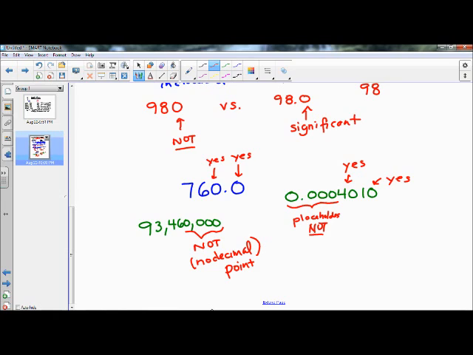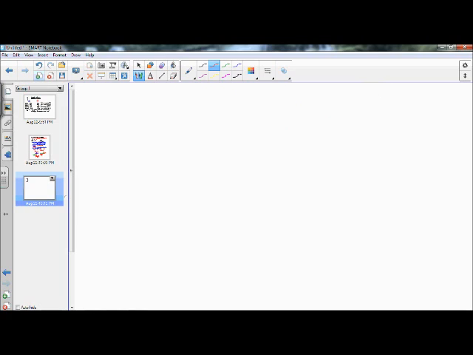Okay, so remember, with your significant figures, if I ask you to take a couple of numbers and underline any digit in the number that would be considered significant for a measurement.